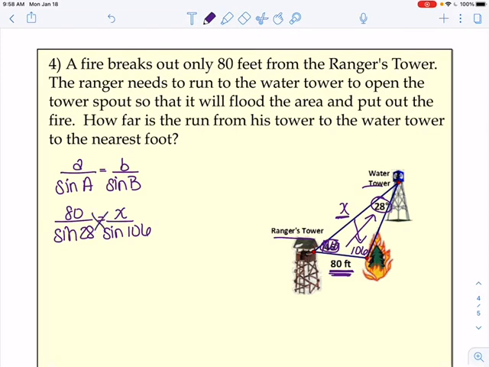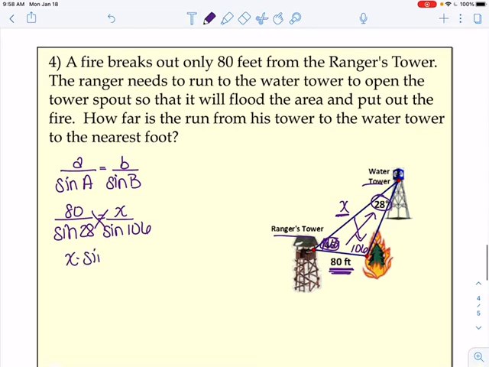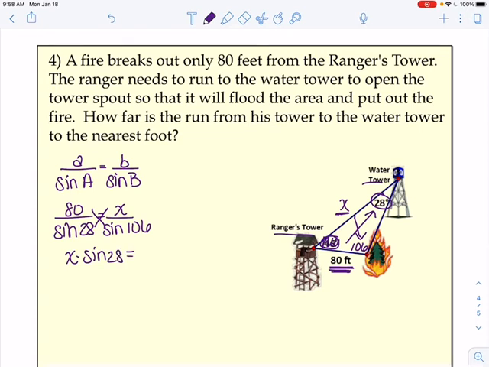Again, we can cross multiply here. So X times the sine of 28 is going to equal 80 times the sine of 106. To get X by itself, the opposite of multiplying by the sine of 28 is to divide by the sine of 28, and they cancel.